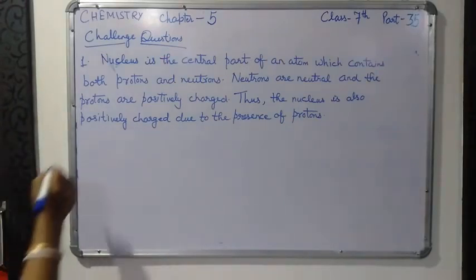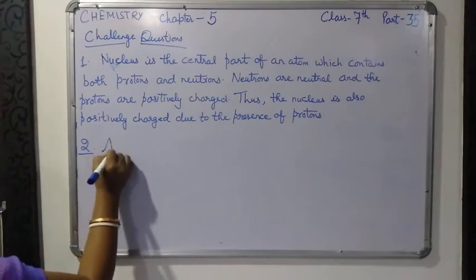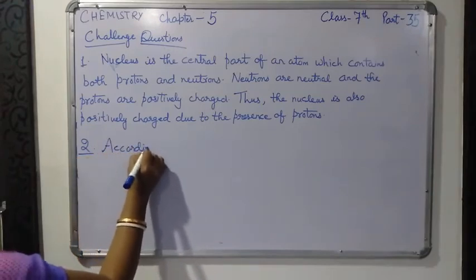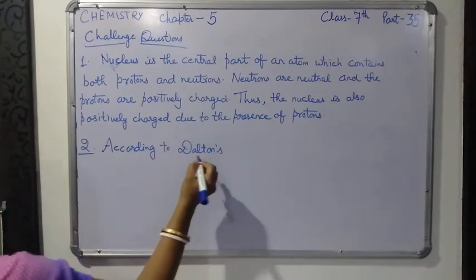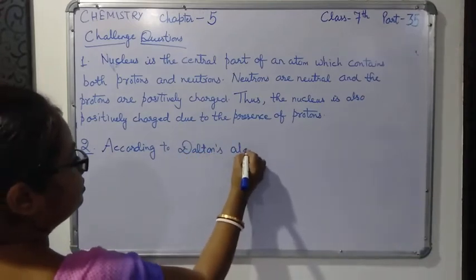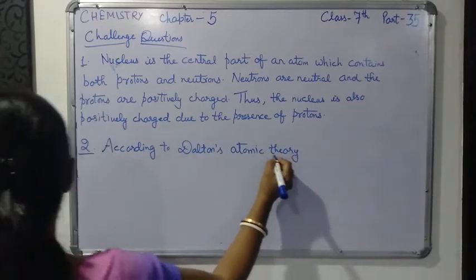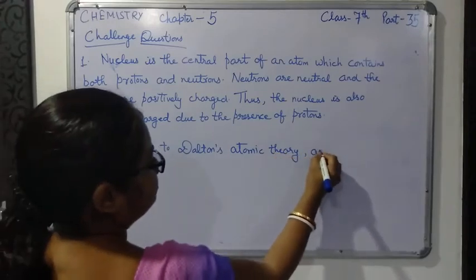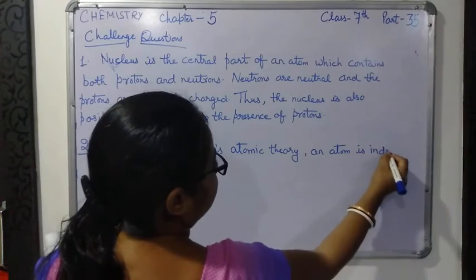Okay, now the second one. Second question is, Dalton's atomic theory was proved wrong, how? So your answer is, according to Dalton's atomic theory, an atom is indivisible.